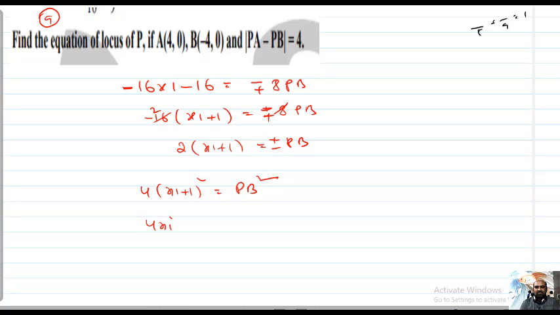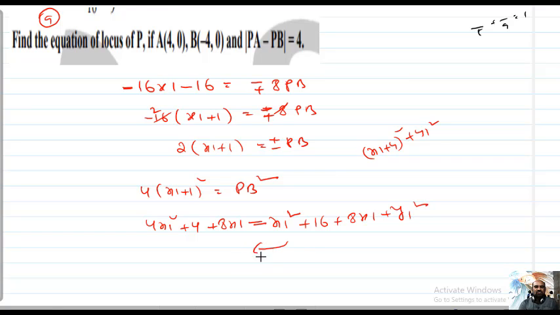So 4x1 square plus 4 plus 8x1 is equal to PB square, which means, as we already did somewhere, x1 plus 4 whole square plus y1 square, that one I want, right? x1 square plus 16 plus 8x1 plus y1 square.